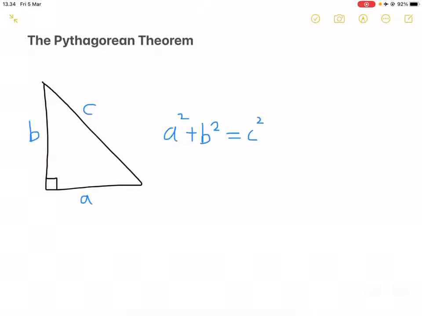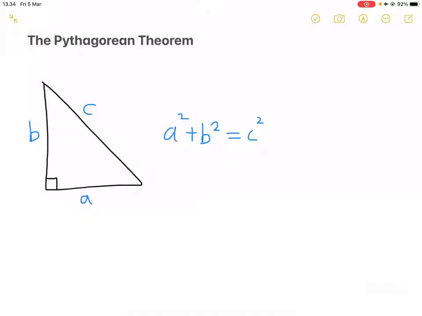Today we're going to look at a subject that some people would say is unrelated to perimeter and area, which is the Pythagorean theorem. This is one of the most fundamental theorems, used in some research and things like that.